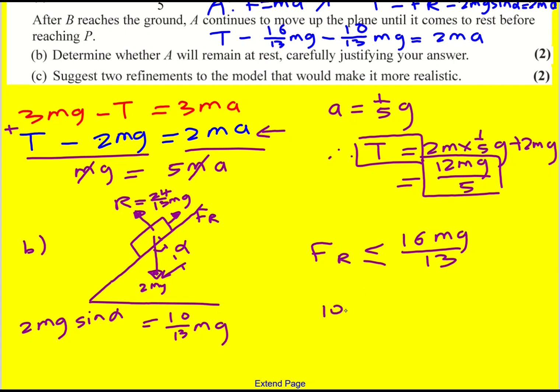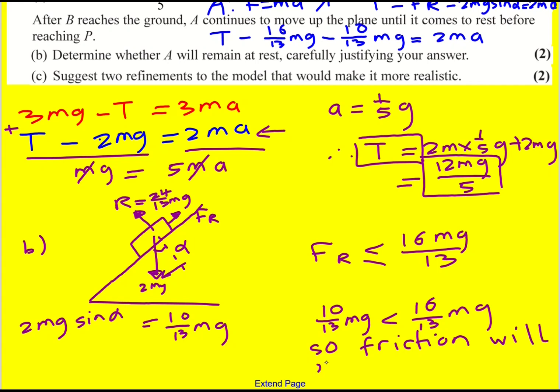So I can write down that 10 over 13 mg is less than 16 over 13 mg. So friction will overcome the component of weight, and therefore it's going to remain at rest.